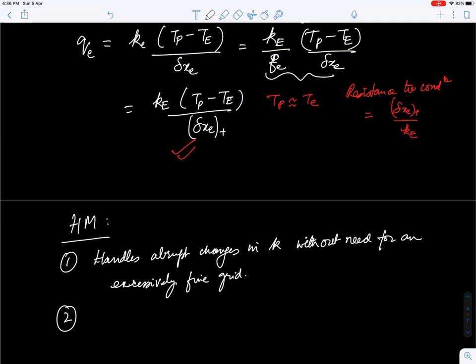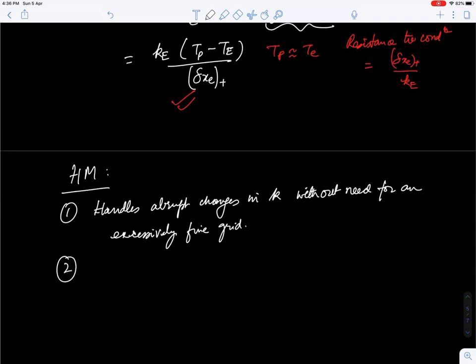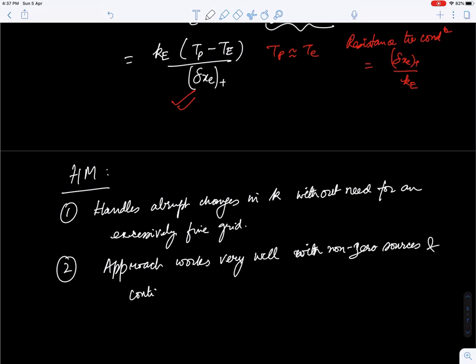The second aspect is that even though we did all this analysis based on no sources, and without talking of how conductivity varies with temperature, this approach also works very well as compared to the arithmetic mean approach when you have non-zero sources and a continuous variation of conductivity.